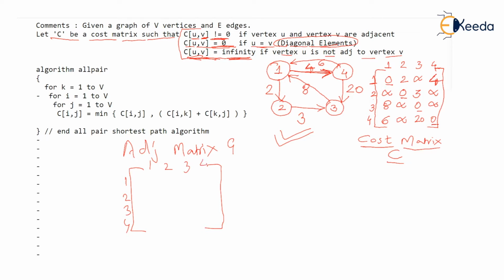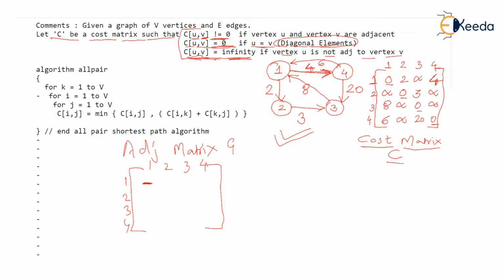Now, what are the rules for filling adjacency matrix? The rule is, if vertex U is having an edge to vertex V, then store the weight. Otherwise, if vertex U is not having an edge to vertex V, then store 0. Like, what will be the entry 1 1?